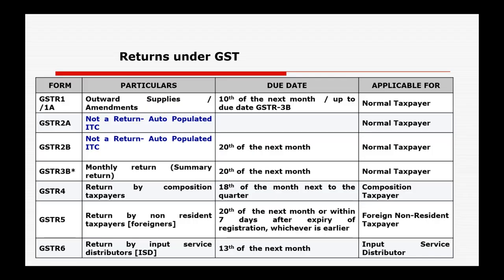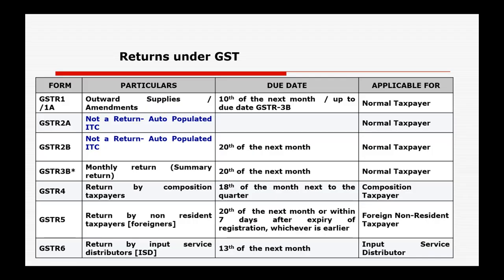But sometimes the B2C invoice you are doing, business to consumer, or in other cases, in composition dealer cases, the invoicing system cannot be in operation. So that's why you have to put it manually in the GST 1, and that we will discuss in detail. And even if the invoicing system is there, these B2C cannot be incorporated online, but it will be offline.